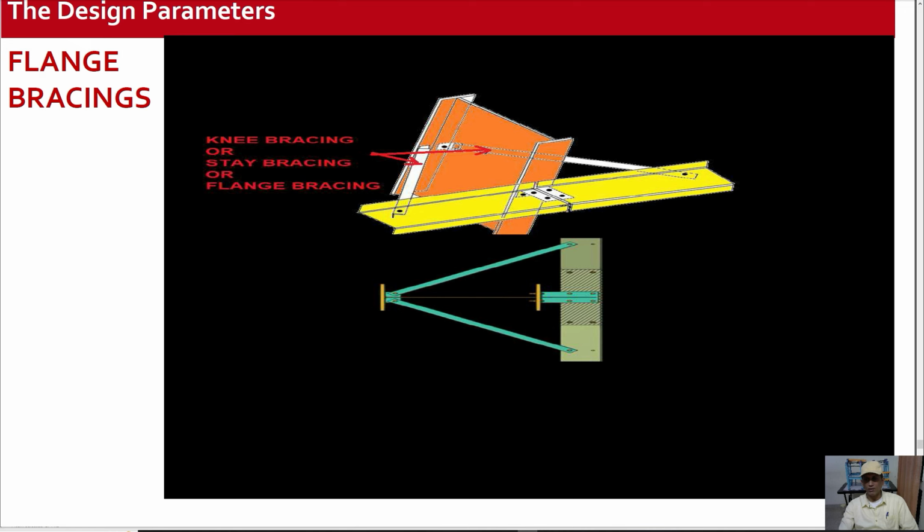As per code, there is a requirement that it should be capable of transferring 1% or 2.5% of the forces, depending on different conditions. So when the compression flange carries a lot of forces, we should check whether the sizes of these flange braces are adequate or not.